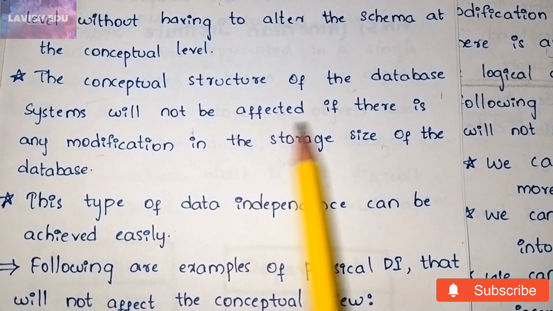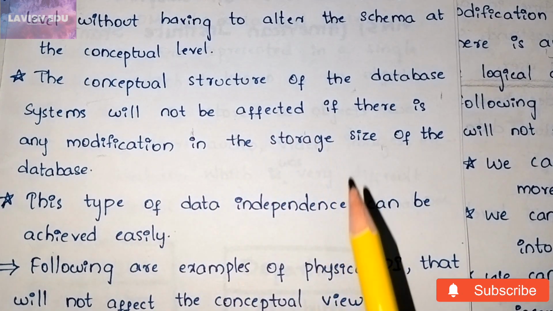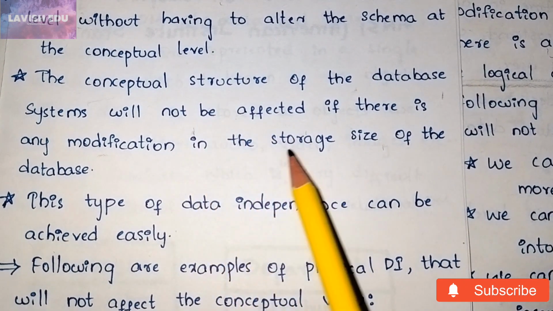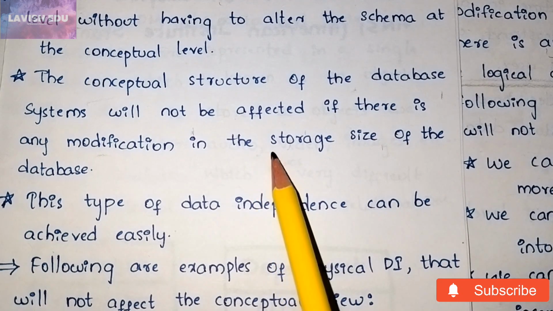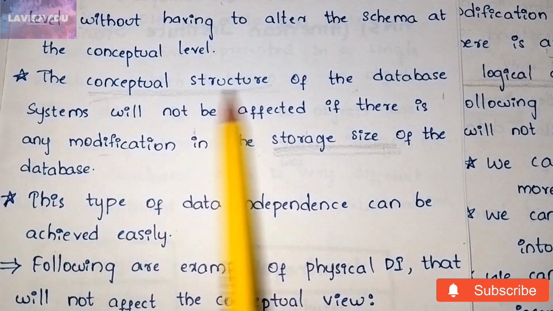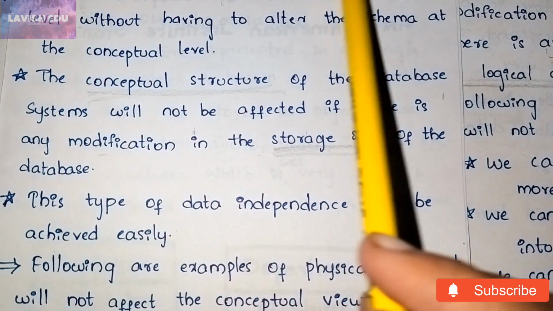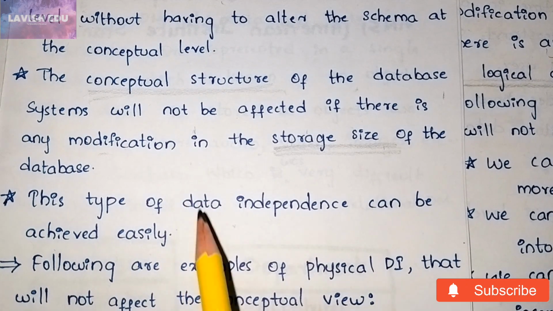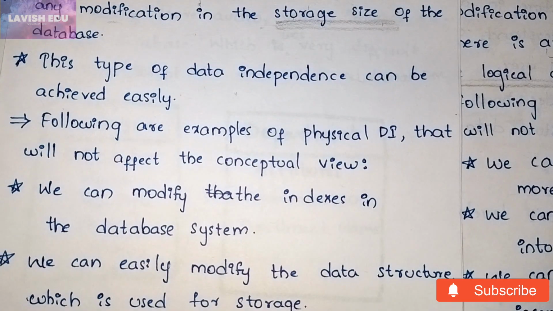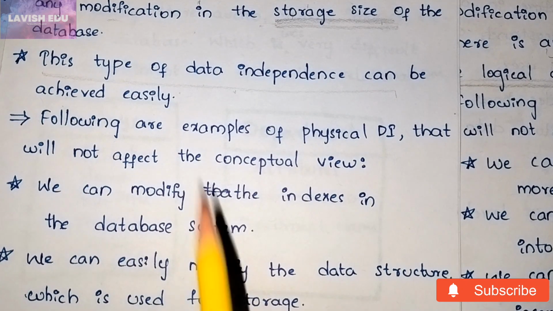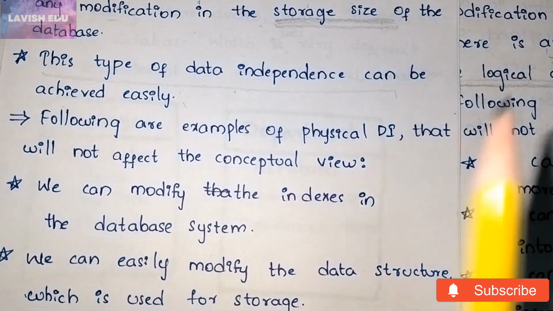Physically, we store our data in the database, and the size may vary, but this won't affect the logical structure, that is our logical level. So this physical data independence occurs between the physical or internal level and the logical or conceptual level. This type of data independence can be achieved easily. It is easier to achieve than logical data independence.